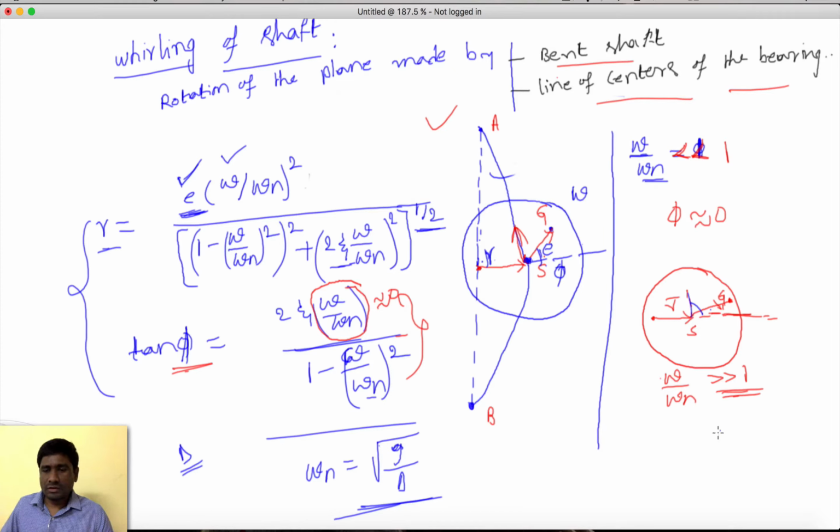So in this case, this is the R vector and this is the S. It tries to come like this. So this is the E. So the center of gravity tries to come in this way from this point. Actually, the center of gravity never moves. The distance from the center of gravity to the geometrical center is always constant. But what we are trying to say is the orientation of the R is changing with respect to this one.